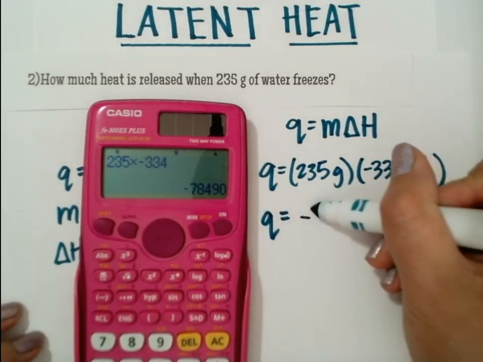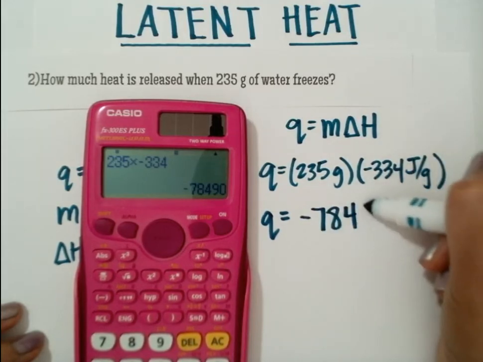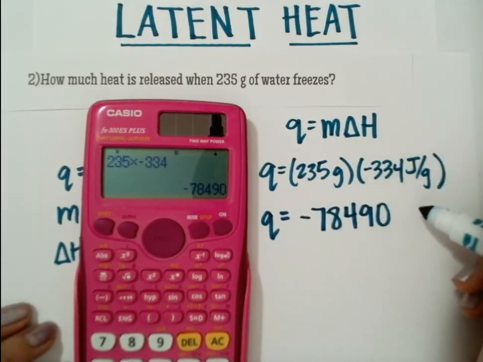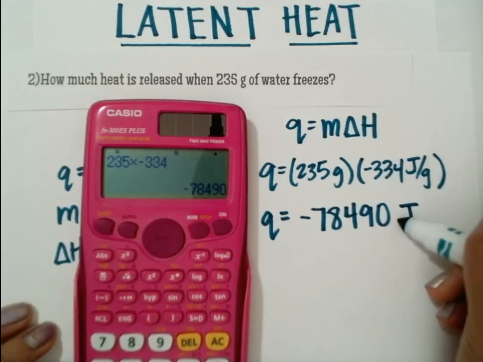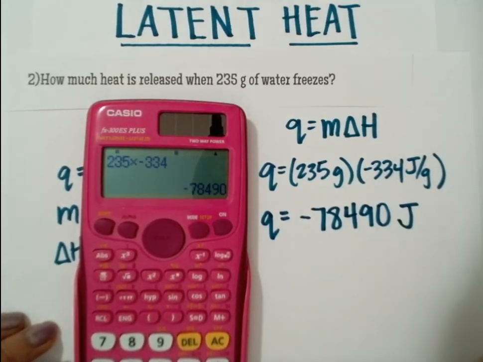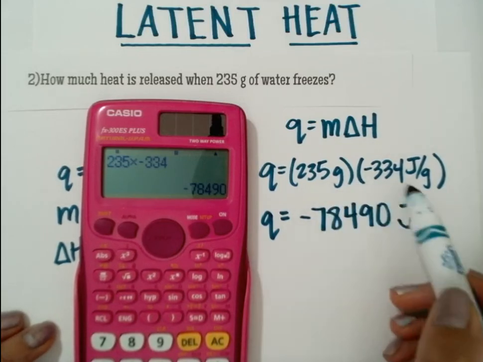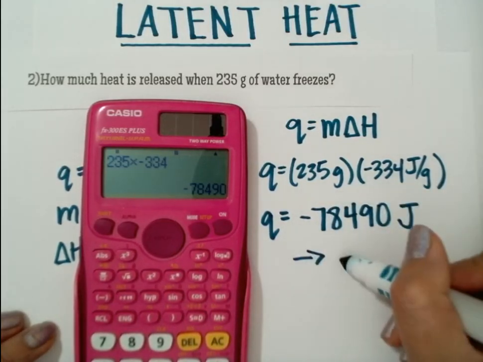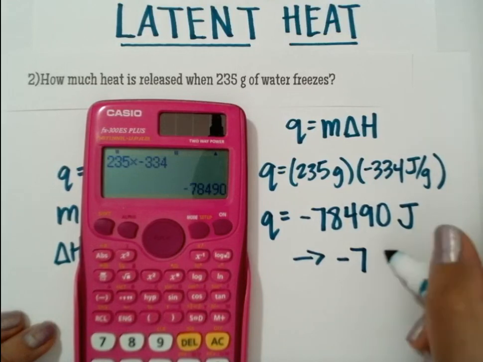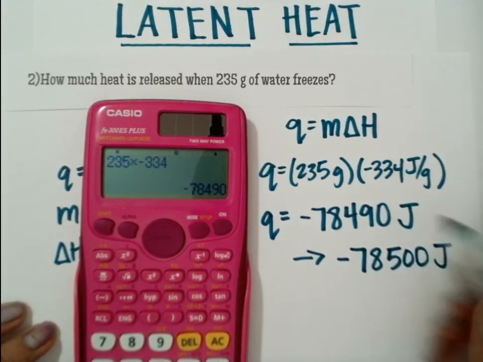That gives me negative 78,490. And this is actually going to be in the unit of joules. And if I'm looking at sig figs, I need to have 3 sig figs because both of those have 3. So this will be negative 78,500 joules.